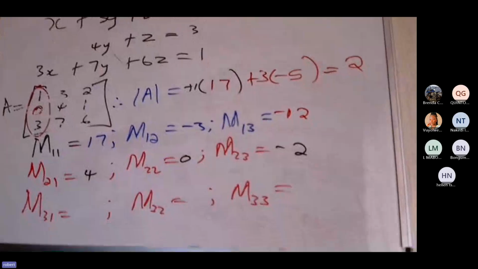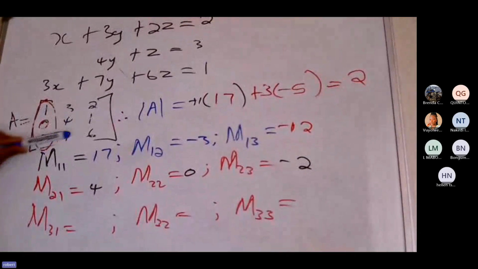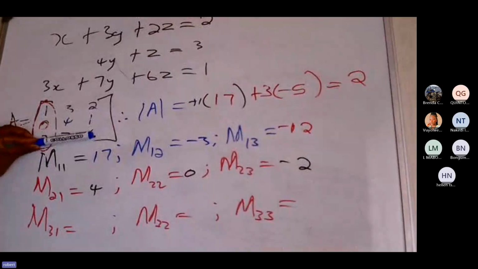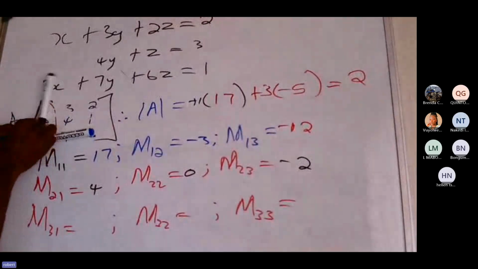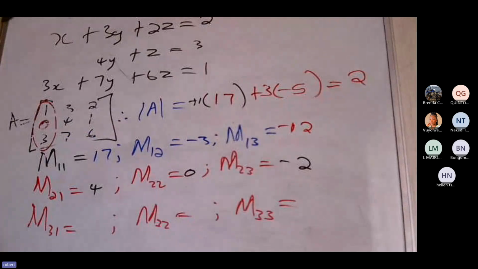So what about this one? M31. What is M31? You cover the third row, the first column. You cover this. So you are left with 3, 2, 4, 1. Meaning it will be 3 minus 8. What is 3 minus 8? It's minus 5 because it's 3 minus 8.